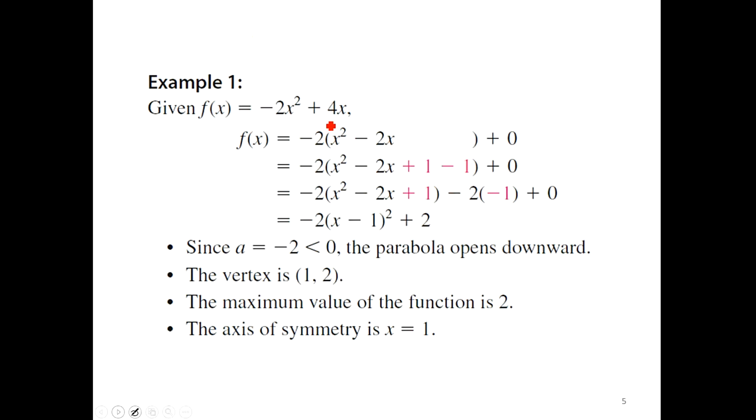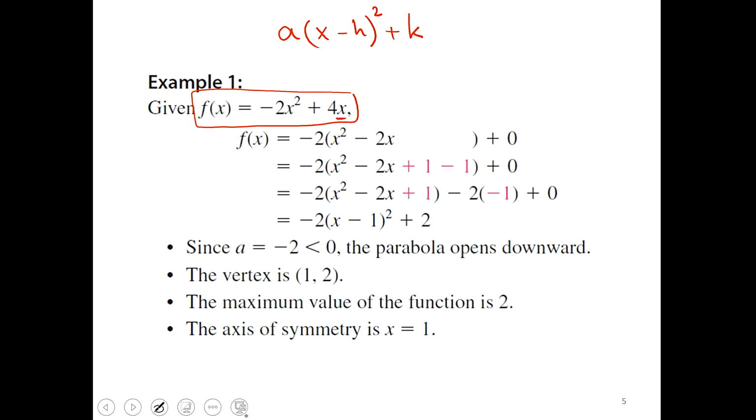Example, look at this function. This is not in vertex form. Why? Vertex form is in this form, a times (x minus h) square plus k. So in the vertex form we cannot find x square with x.